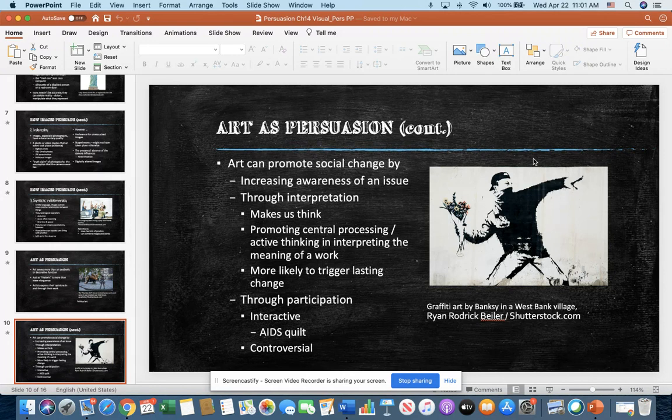Okay, so back to art and persuasion, and some different ways that art can persuade. It increases awareness of an issue.